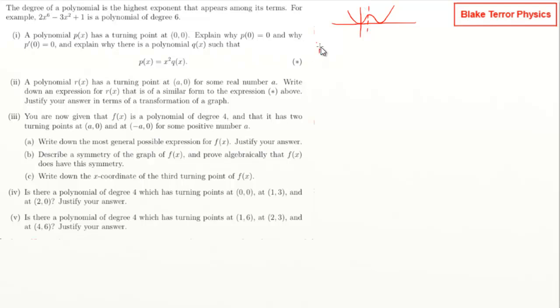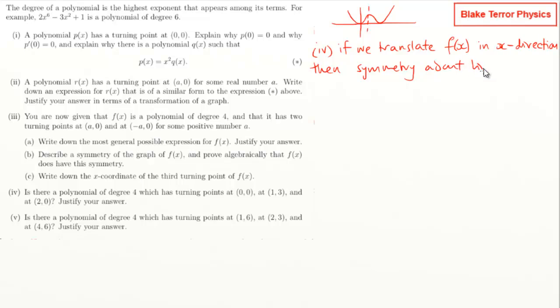So let's justify then. If we translate, what did they call that one? F of x in the previous part. If we translate f of x in x direction, then we've got symmetry about the line, where are we?